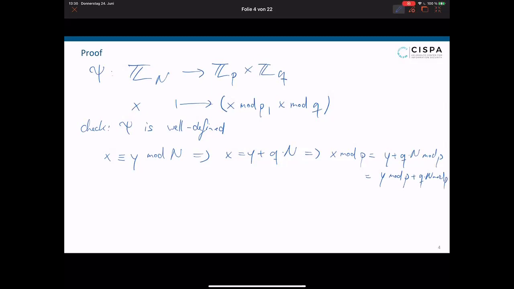And since p is a divisor of n, this is of course 0. So this function is well defined.